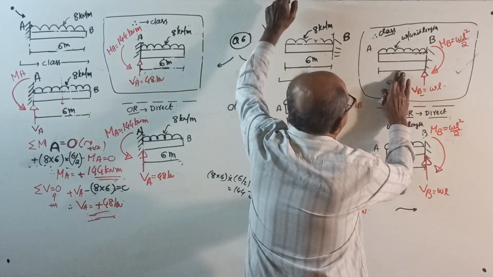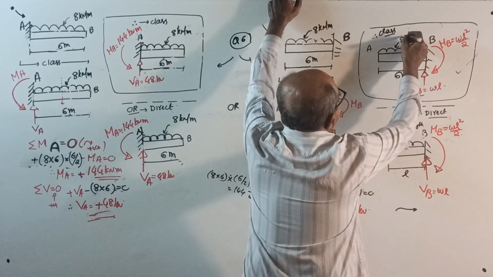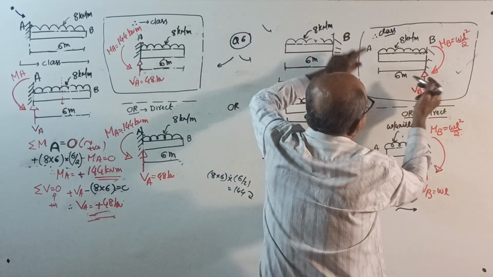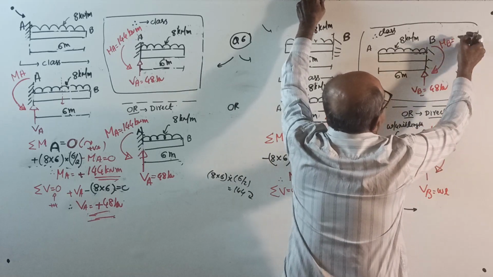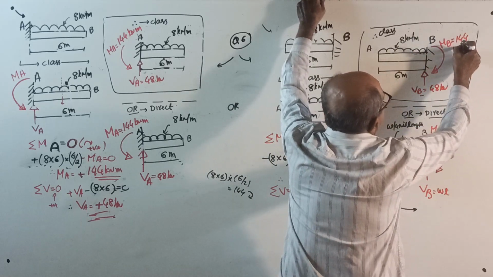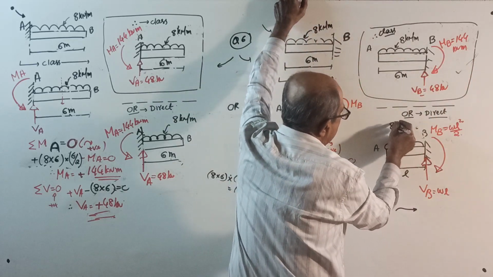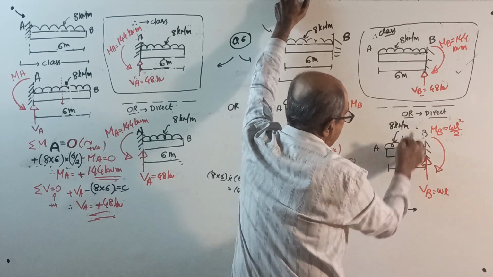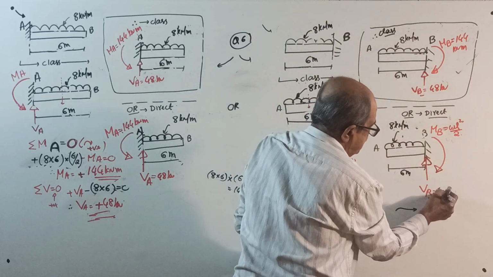Enter here: span 6 meter, UDL of 8 kN per meter. This reaction is 48 kilonewton. Now see, now unit is there: 144 kilonewton meter, or directly 8 kilonewton per meter, span of 6 meter, 8 into 6, 48 down, 48 up.